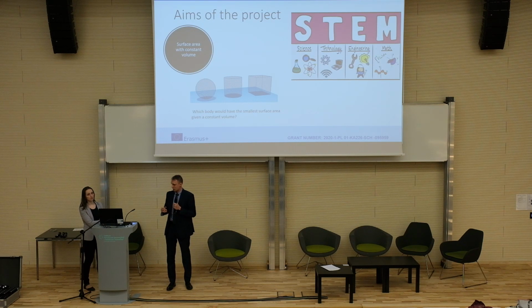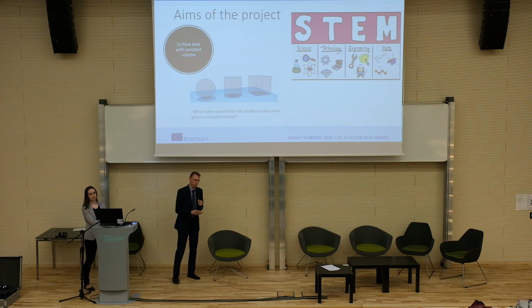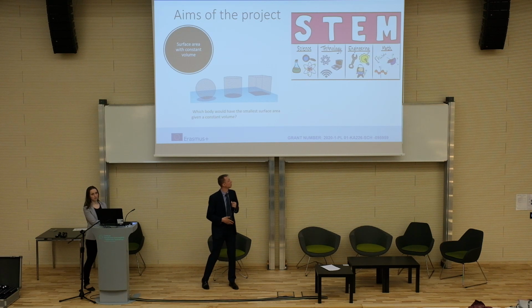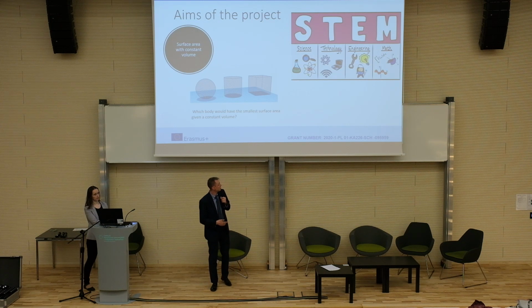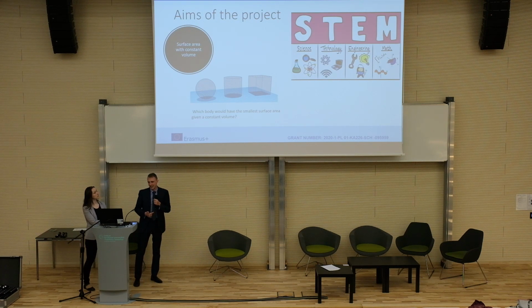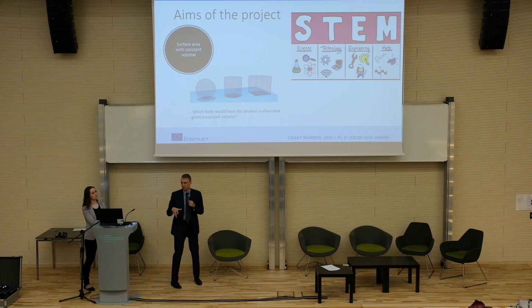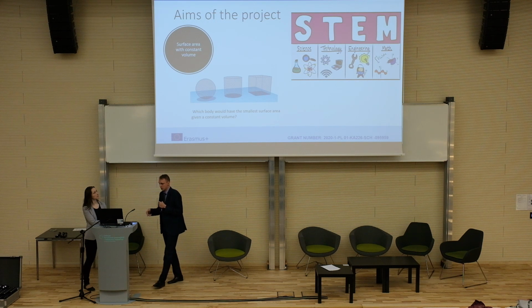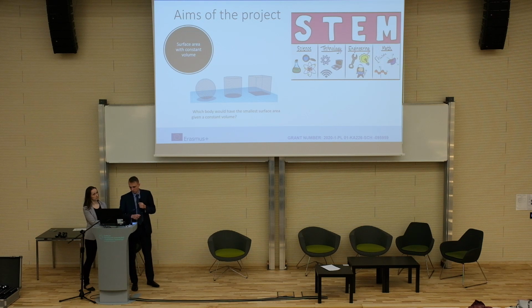We wanted to focus upon STEM subjects, so you probably know the abbreviation, which stands for Science, Technology, Engineering and Math. The first case we want to highlight is the surface area with constant volume of the bodies presented in the picture below.